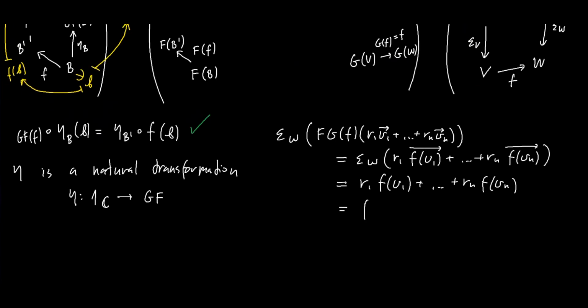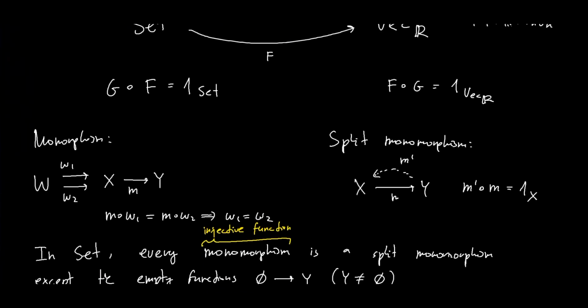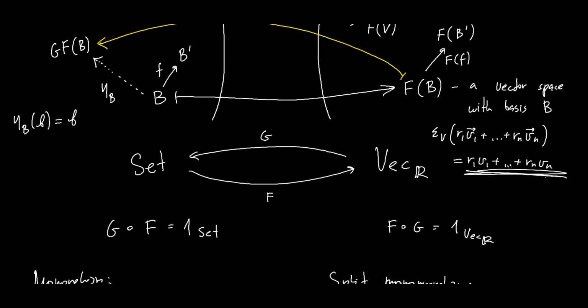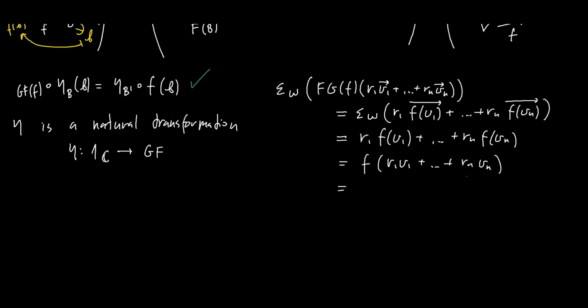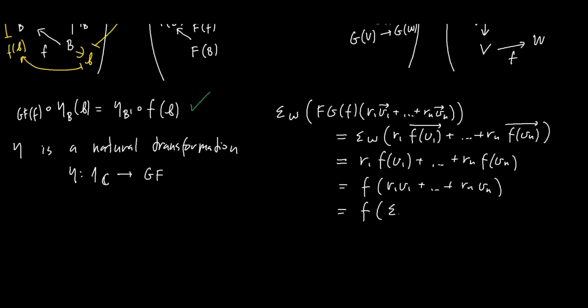So we can factor f out here. We'll get f of R1 v1 plus all the way up to Rn vn. Right? But what is this? Let me show you once again this formula. That is the same as epsilon applied to the formal combination. So we have here f of epsilon v applied to the formal combination R1 v1, not bar, vector v1, sorry, plus all the way to Rn vector vn.